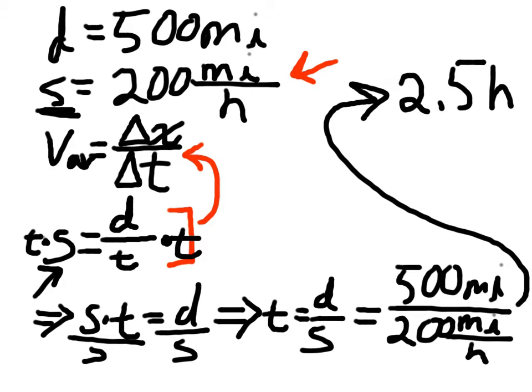What I would like you to do is confirm that if you carry out those units, so just do the equation with units, miles and miles per hour, that the units do work out to hours in the end. Also, you can check my math on the rest of it. So this is one use of the average speed equation, which we got from just taking the direction out of the average velocity equation.